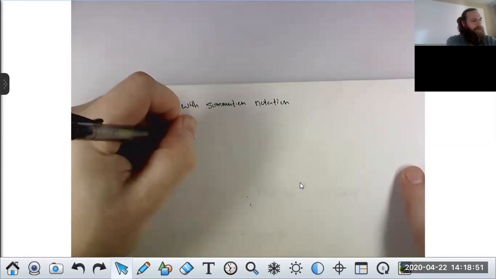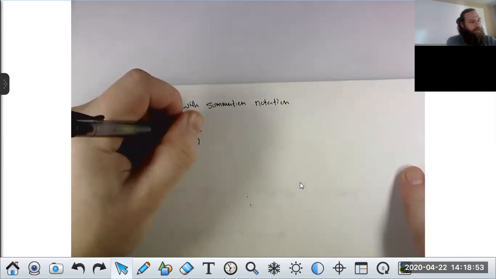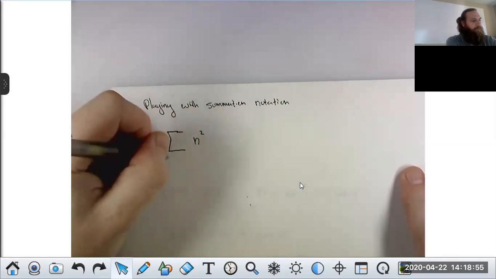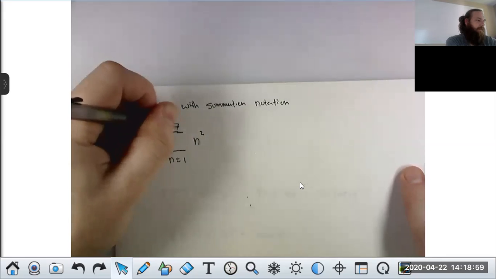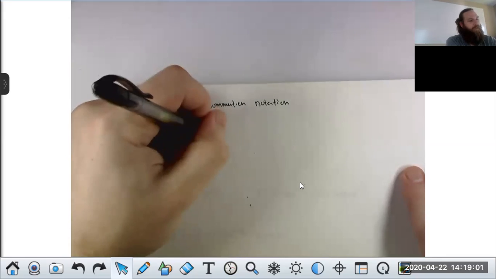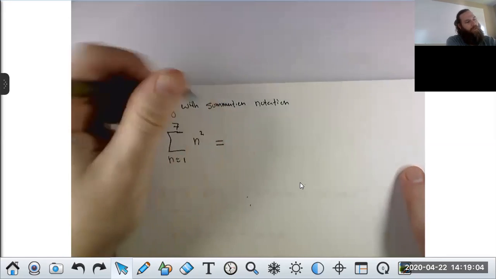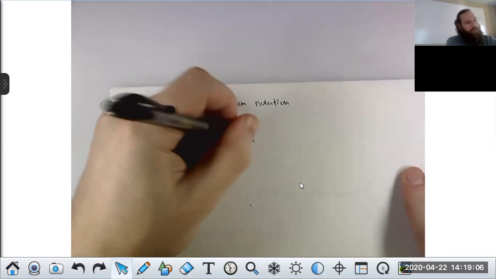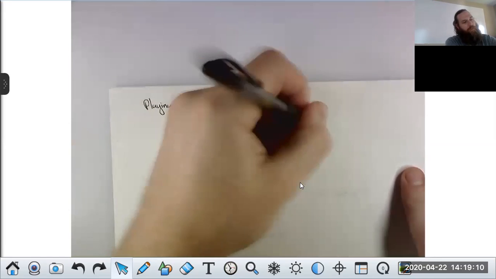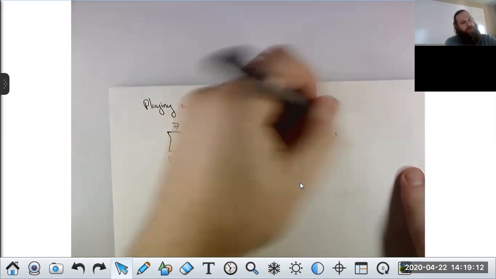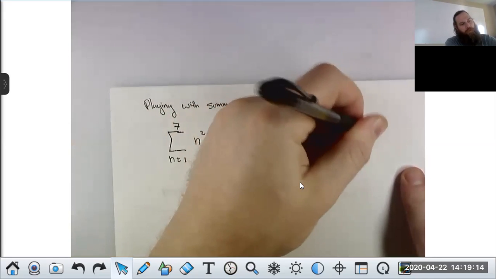So let me sum n squared from n equals 1 to 7. I know that this is 1 squared plus 2 squared plus 3 squared plus 4 squared plus 5 squared plus 6 squared plus 7 squared.